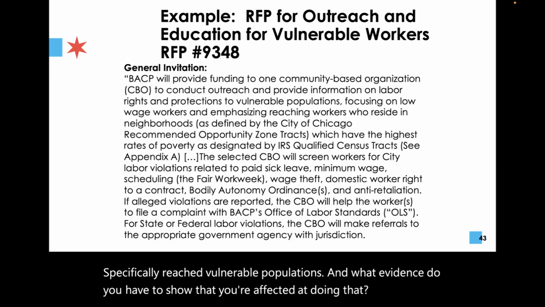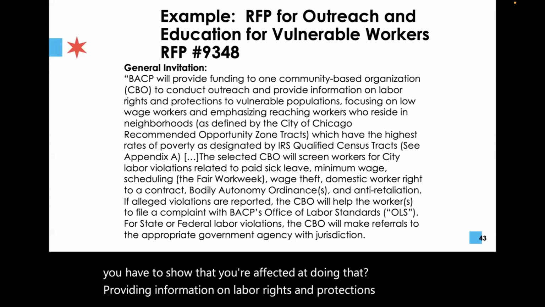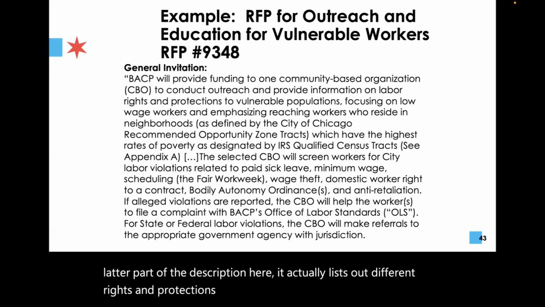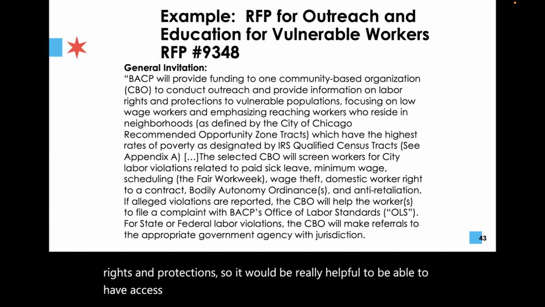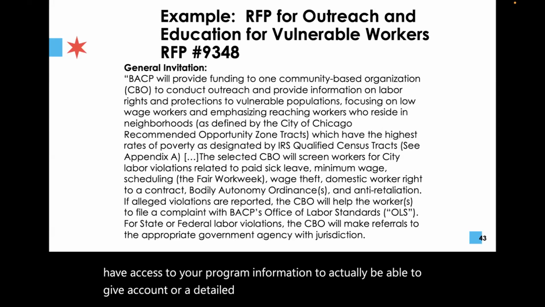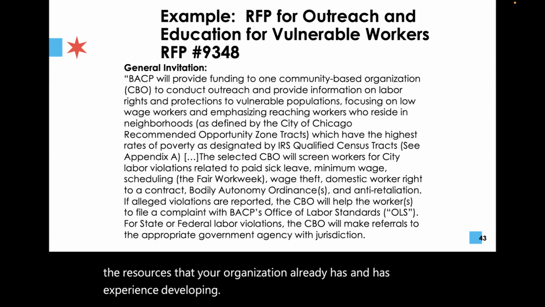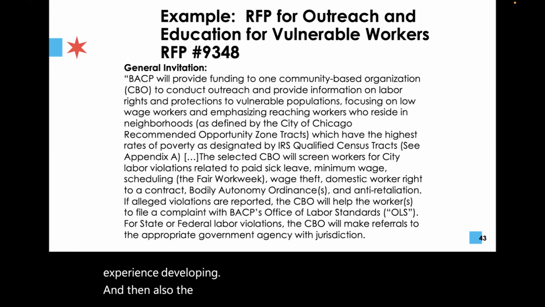Providing information on labor rights and protections. In the latter part of the description here, it actually lists out different rights and protections. So it would be really helpful to have access to your program information to be able to give an account or a detailed description of the different information and resources that your organization already has and has experience developing. And then also this specifically talks about opportunity zone tracts, relating also to the vulnerable populations.